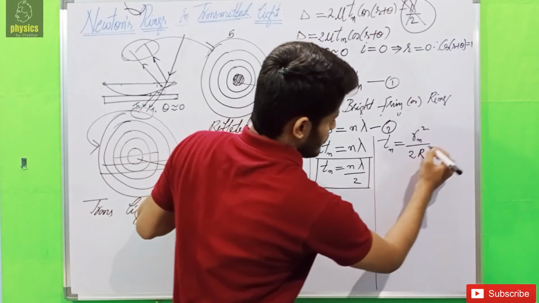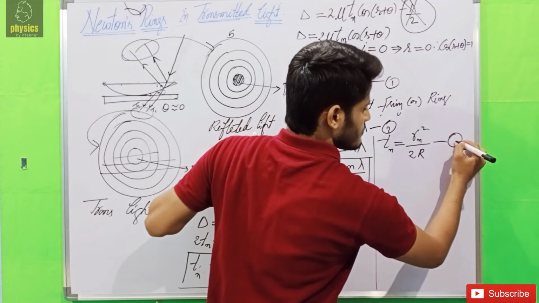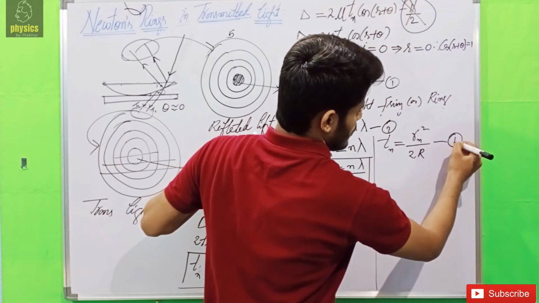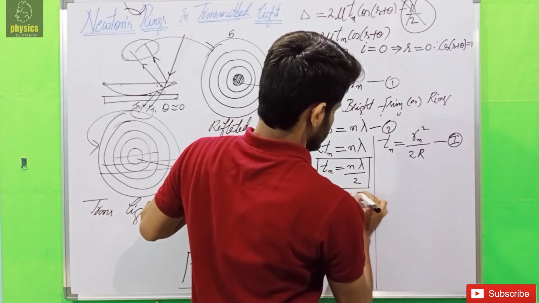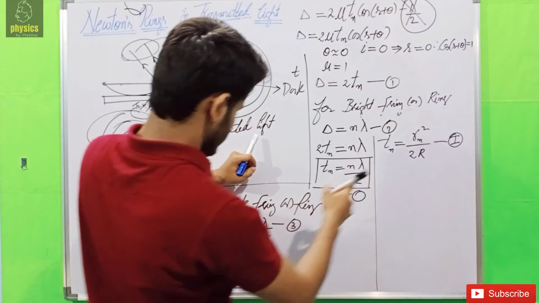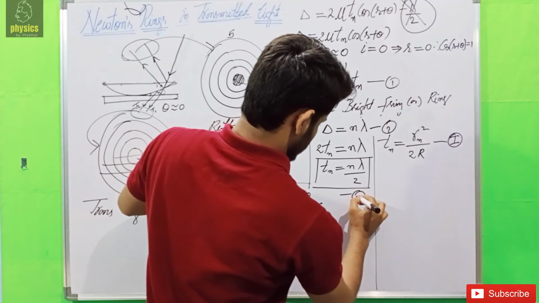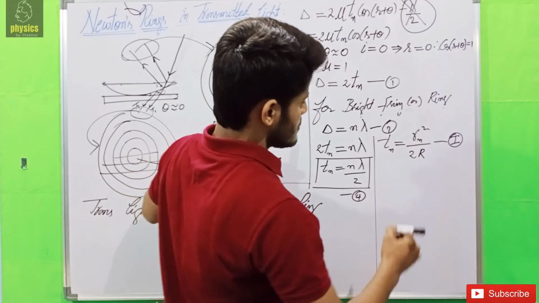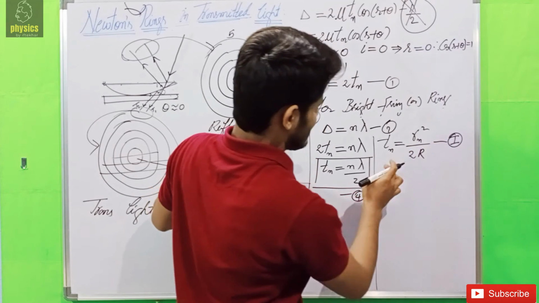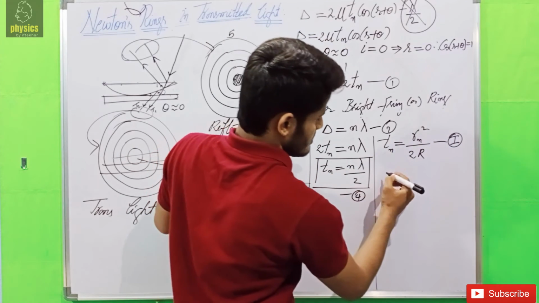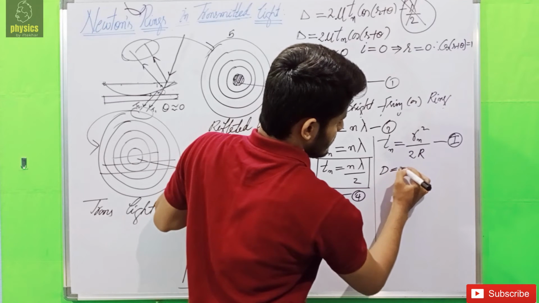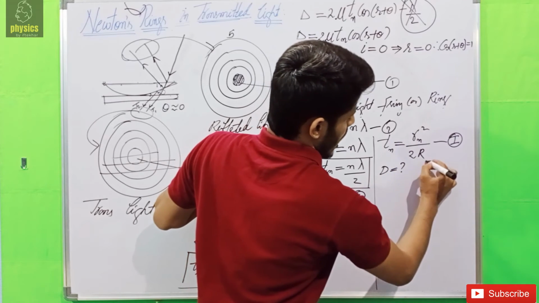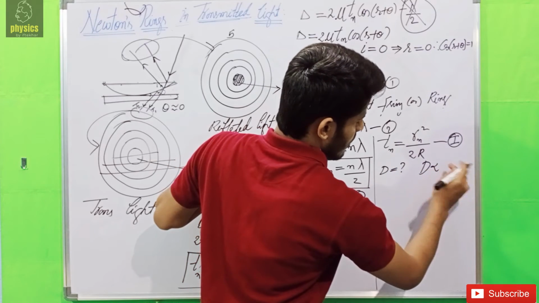Let this be Roman number 1 and this be equation 4. So if I substitute this thickness in here, I'm finding the diameter relation, how D and n are related.